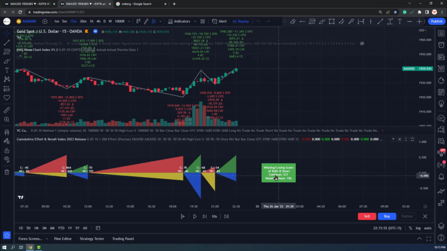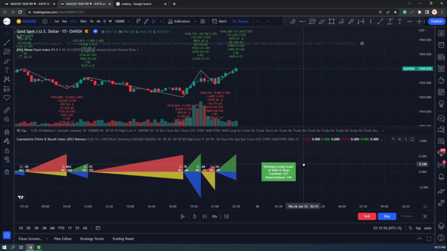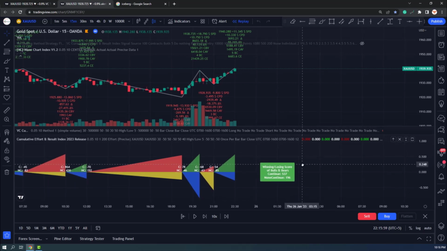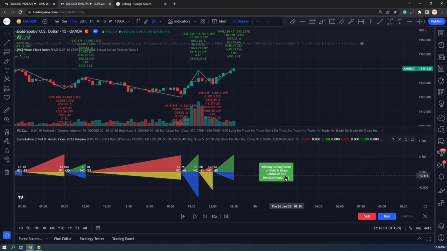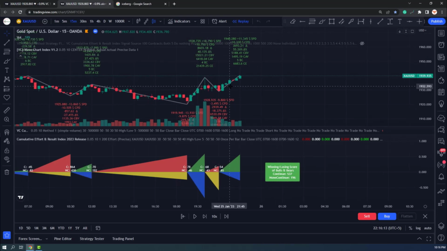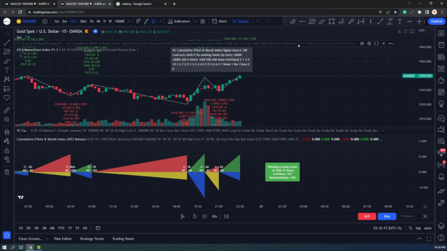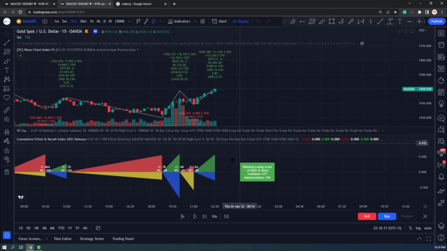You see here on this winning and losing scoreboard, I will elaborate on it later on. But at the moment, you see the continue comparison results and the non-continue comparison results are both synced, both positive. It means the price is most likely to move in the same direction as the wave.